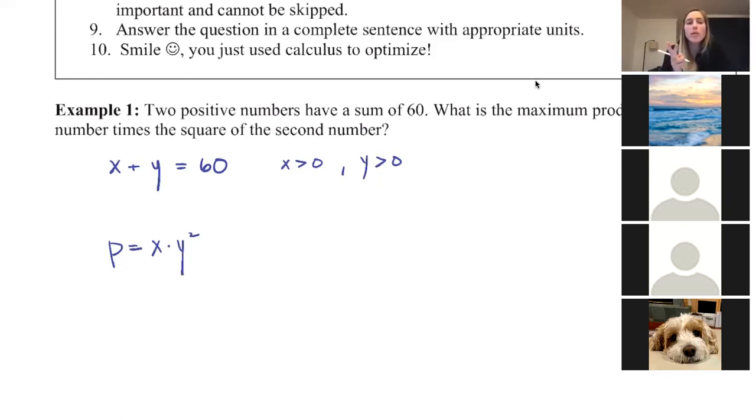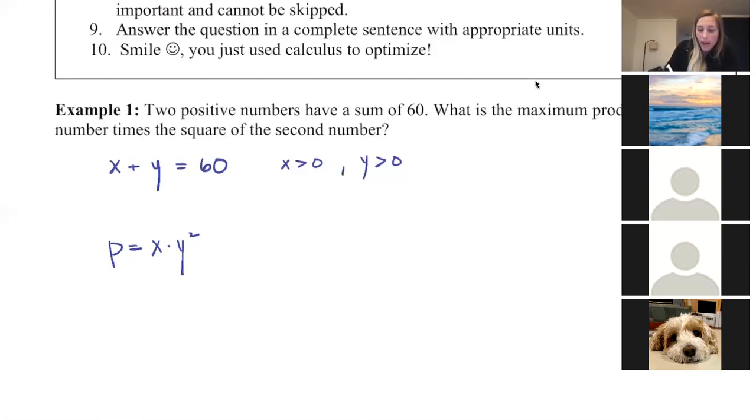So those two numbers, when added together, are 60. We know both of those numbers are positive. So our second equation, P equals x times y squared, has the same constraints: x has to be strictly greater than 0 and y has to be strictly greater than 0.